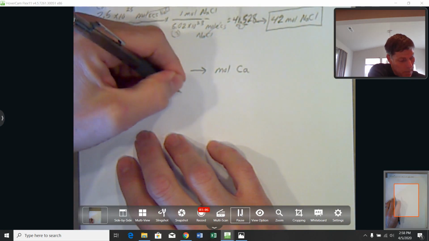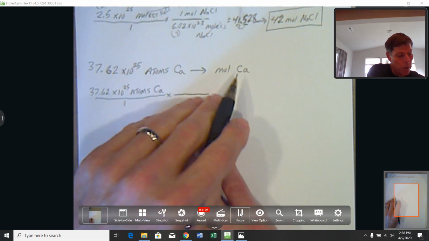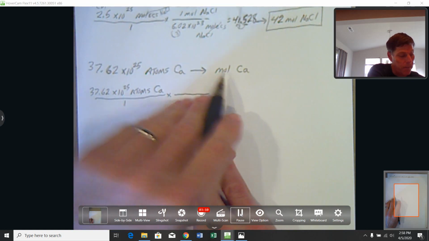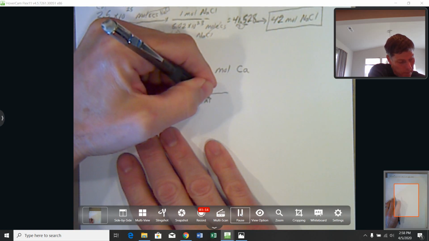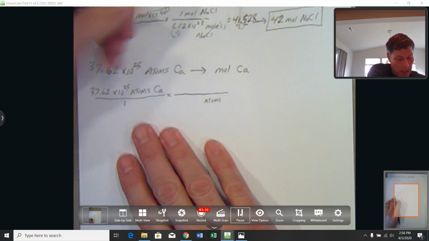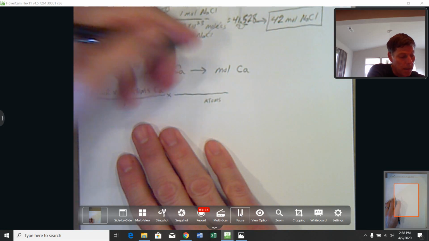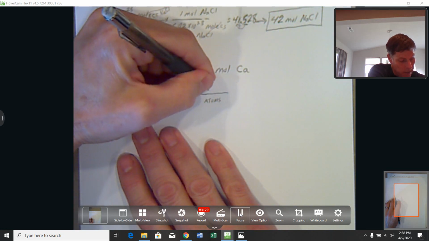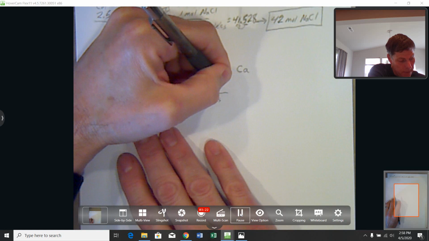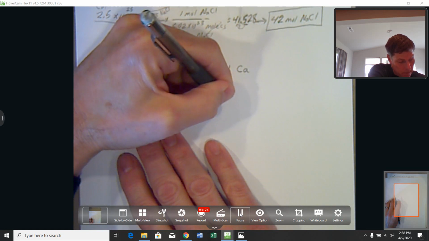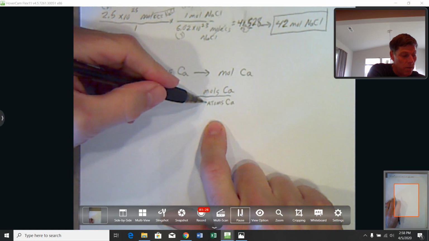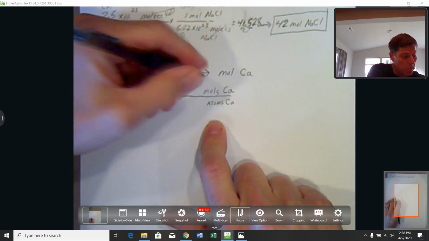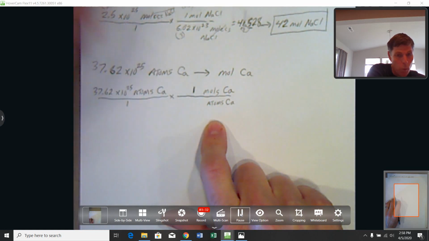Now I've got atoms, but I want to get rid of atoms because I want to go to moles. That's what my question's asking. So the thing I want to get rid of always goes on the bottom. The thing I'm looking for is always going to go up on top. So in this case, I can convert atoms to moles. I always want to keep track of what the substance is. Now, whenever we said atoms into moles, the mole value was always 1.